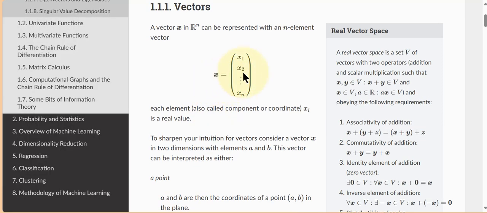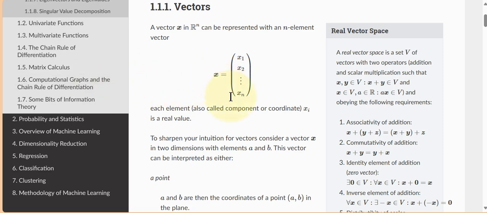So here we have a vector, and they're writing it vertically, which is pretty common. And we can see that there are n elements in this vector, and the notation they're using is a bold lowercase x for that.